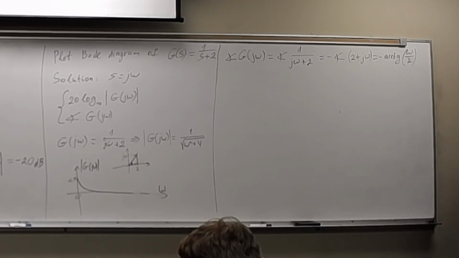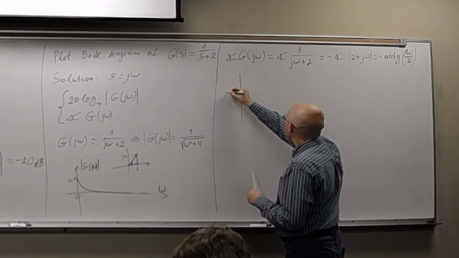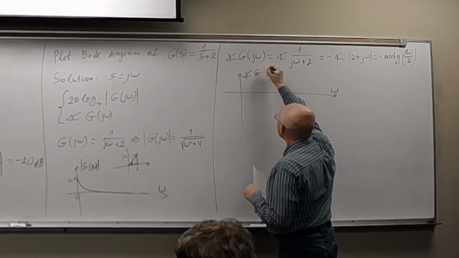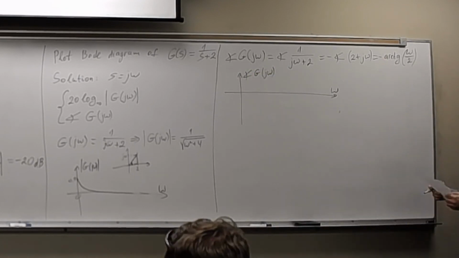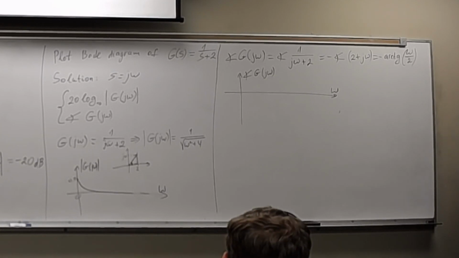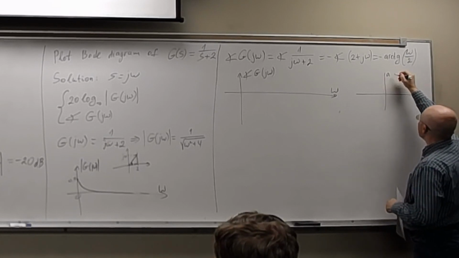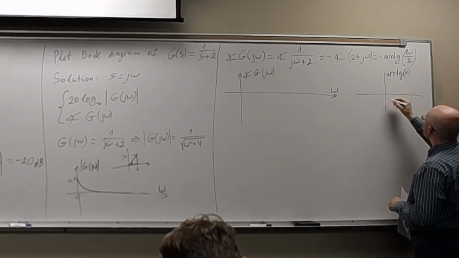Now, how does this thing look? Again, this is omega, this is the angle of g of j omega. So let's see where it starts when omega equals 0. Just to remind you how that function looks, it looks like that.